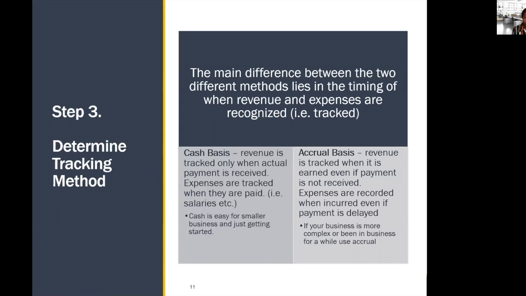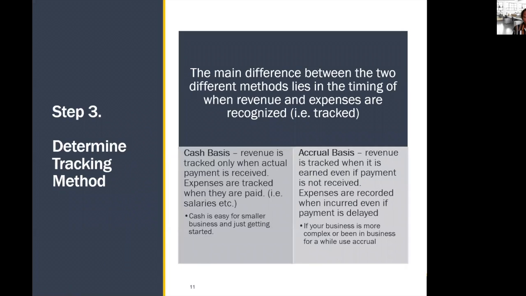So the accrual basis, revenue is tracked when it is earned, even if payment is not received. So going back to our prior example, you made a sale for $1,500, but you've only received the initial deposit. The rest won't be received until later, but you would still track that full $1,500 in the revenue and sales because you've essentially earned that revenue, even though you haven't necessarily received payment for it.